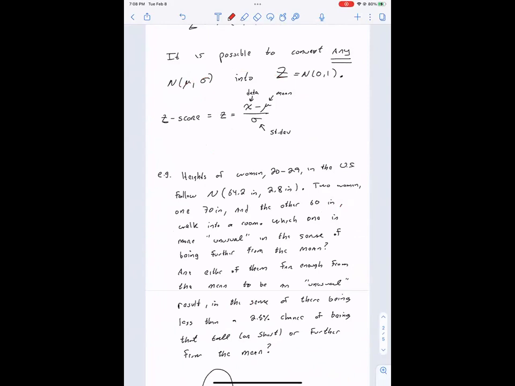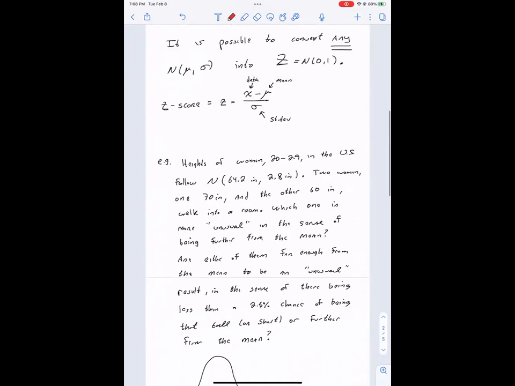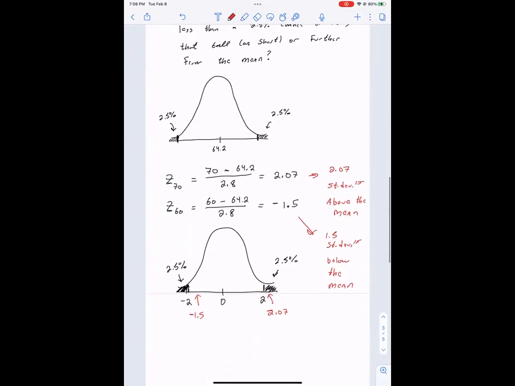That's it. It's just a formula. How do I get the z-score? The z-score is this. If I want to interpret that z-score and say, does that correspond to an unusual or a usual outcome, then if it's past 2 or -2, it's unusual. If it's not past 2 or -2, it's usual.